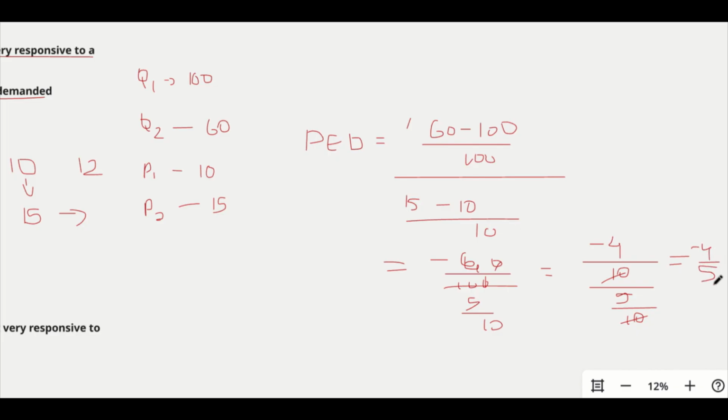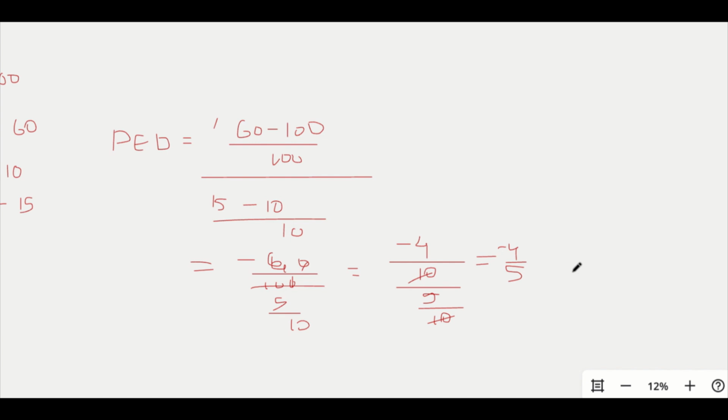So what is this value? Is it less than or greater than 1? One more thing: whenever we are finding the value, we take the modulus value, so we won't consider the negative sign.